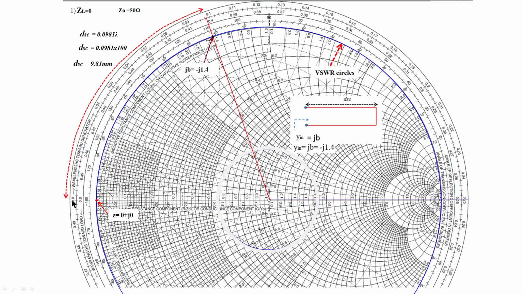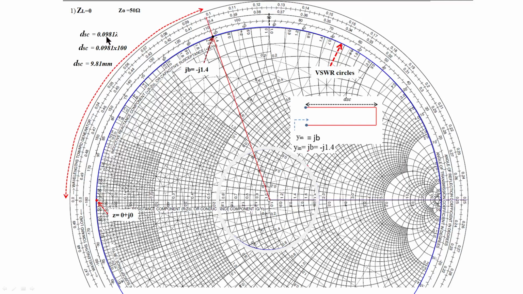What is the distance from here? The initial value is 0, and the value goes on increasing. The value is 0.09 here, 0.092, 0.094, 0.096, 0.098, a little bit away from that point.